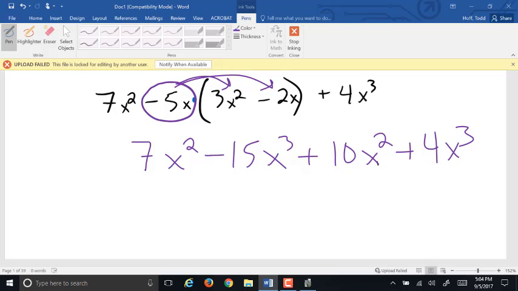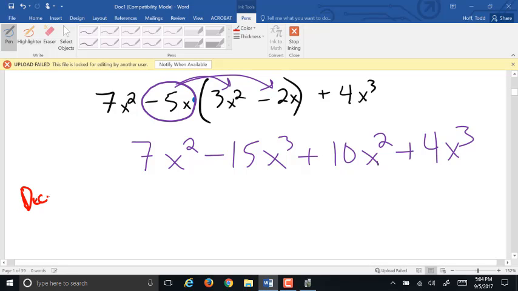So anyway, we got things we can combine here. Now we talked about the math grammar going alphabetical when there's more than one variable. If there's more than one power of the variable, we tend to go in something called descending order. What that means is from largest power to smallest power.